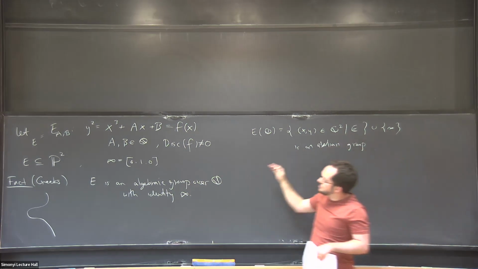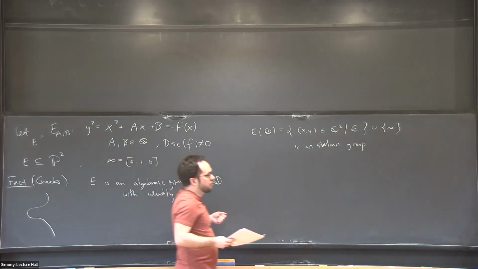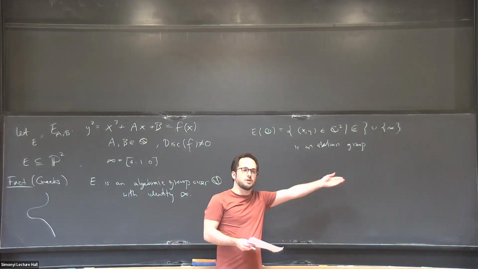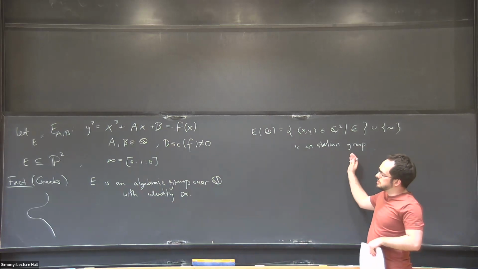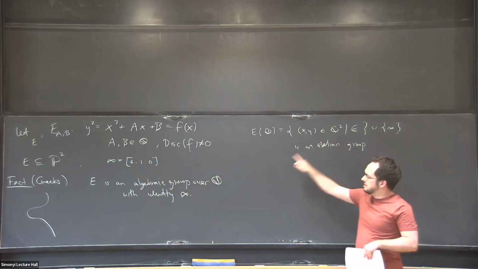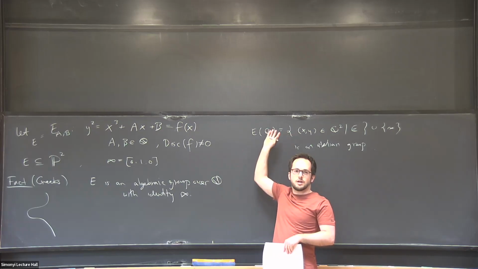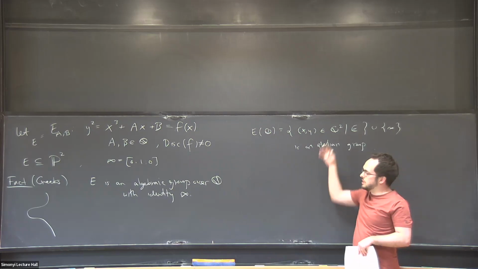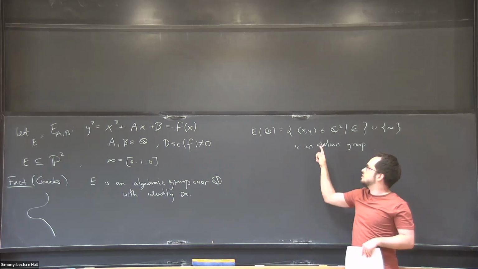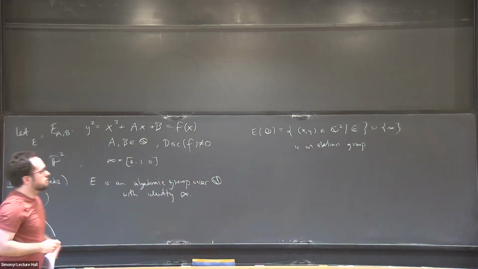So I kind of told you what characterizes the group law. The way you add 2 points is you draw the line between the 2 points, you find the third point that hits the curve, and that's the inverse of the sum of the 2 points. But the stronger thing here is that this group law is defined by algebraic equations, by rational functions, and those rational functions are ratios of polynomials, and those polynomials have coefficients in Q. So that's why when I add 2 points with rational coordinates, I get another point with rational coordinates.